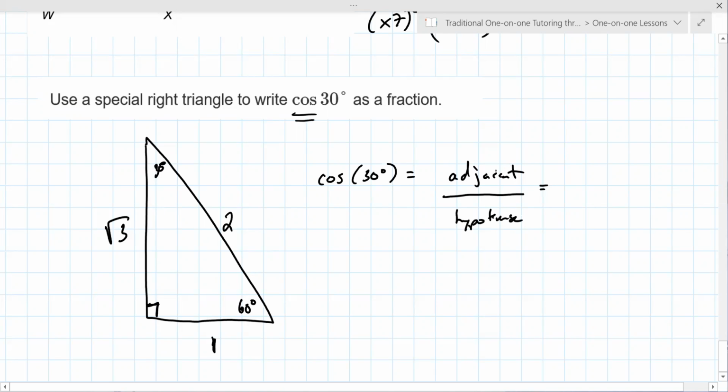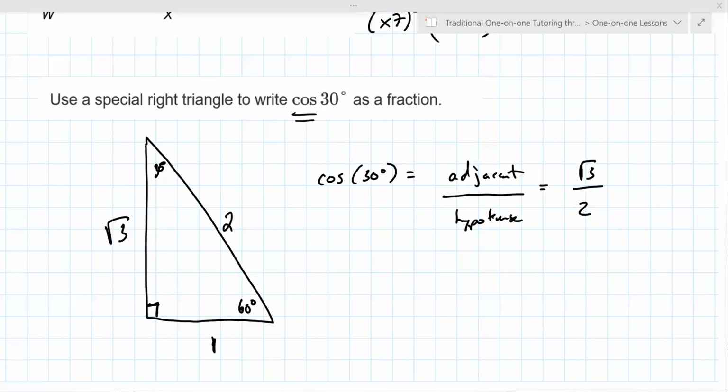Adjacent means next to. The hypotenuse is also next to it, but the hypotenuse is not a leg. So it's the adjacent leg, which is square root of 3, over the hypotenuse, which is 2. These are used all the time in higher math. Maybe that was clear, maybe it wasn't.